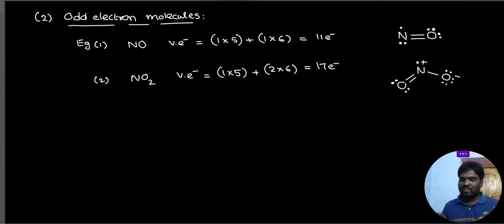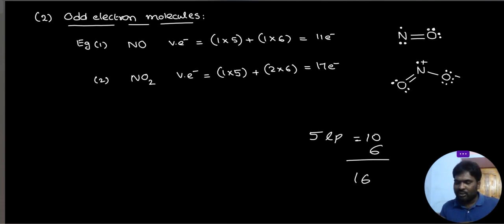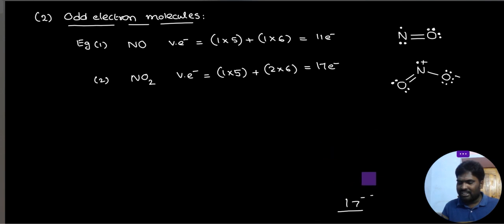Once count electrons, definitely there will be 17 electrons. 5 lone pairs means 10 electrons. 3 bond pairs, 3 into 2, 6 electrons. Total 16. 1 single electron. How many total? 17 valence electrons. Odd number of electrons.